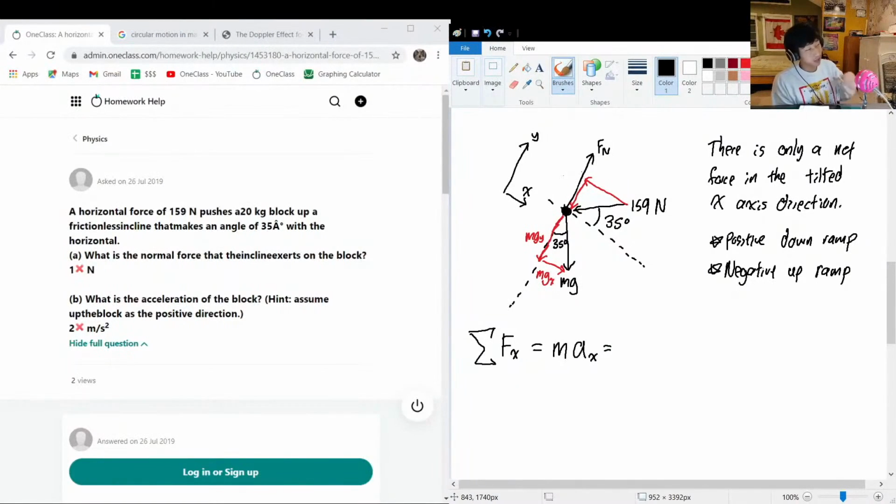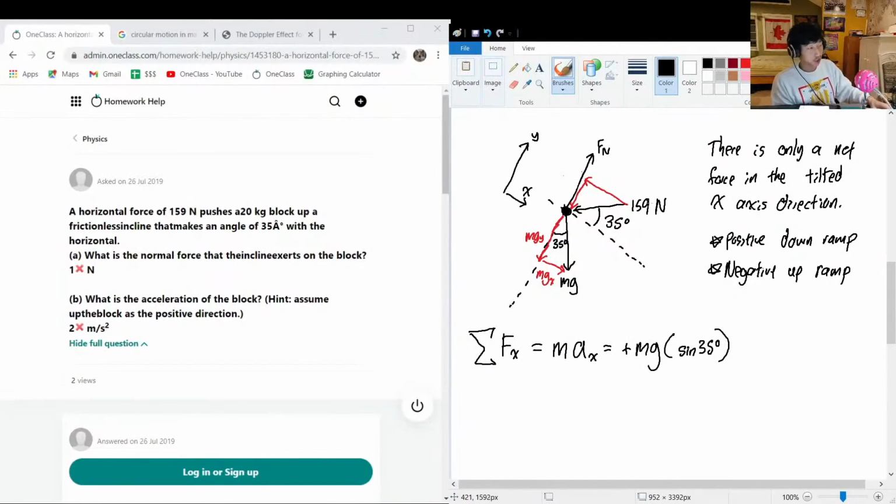Gravity is going to try to push you down the ramp, so it's going to be positive mg multiplied by not cos, in this case it's going to be sine 35 degrees.